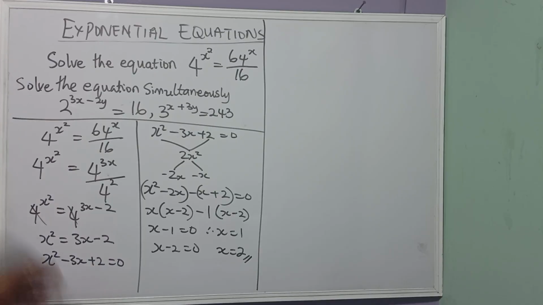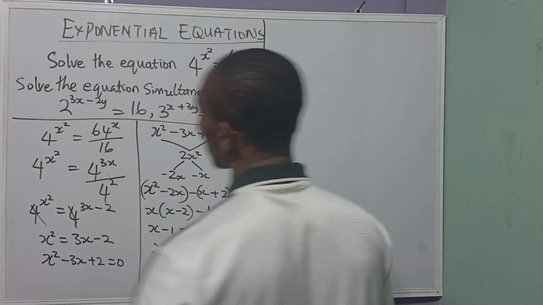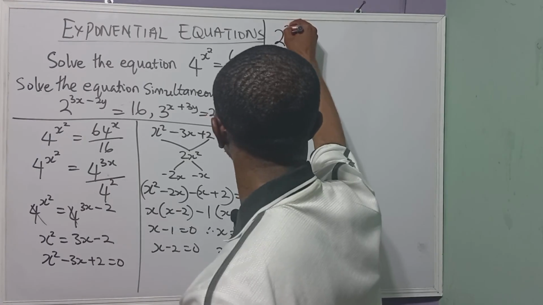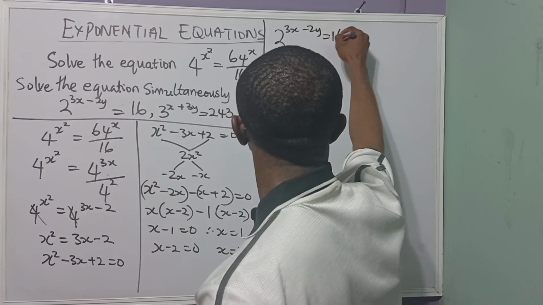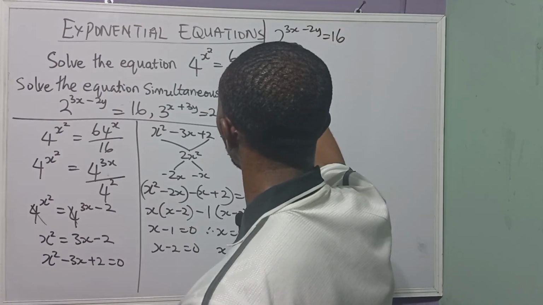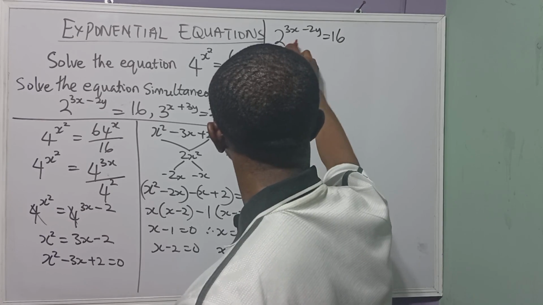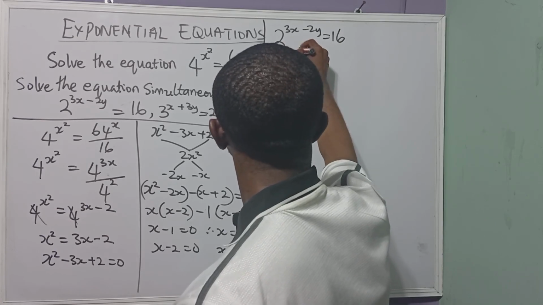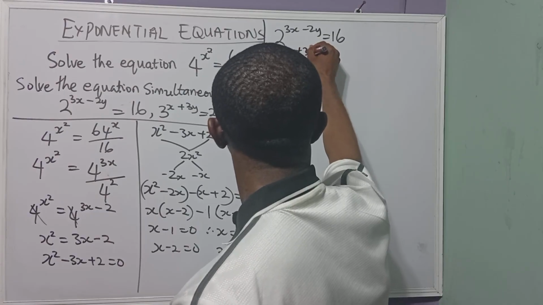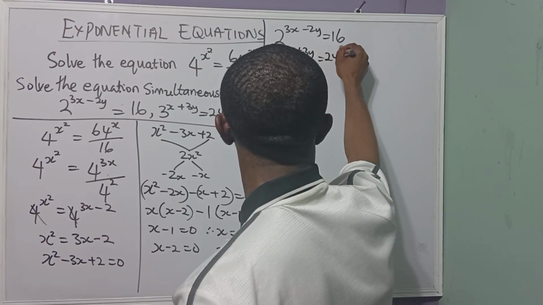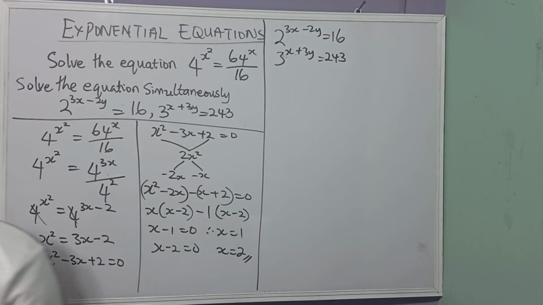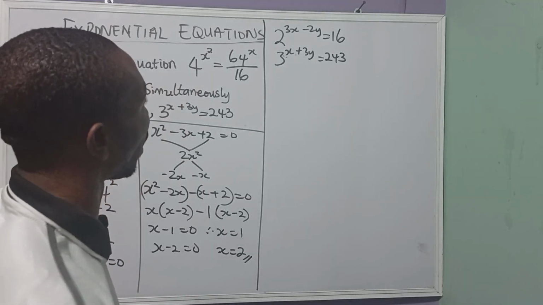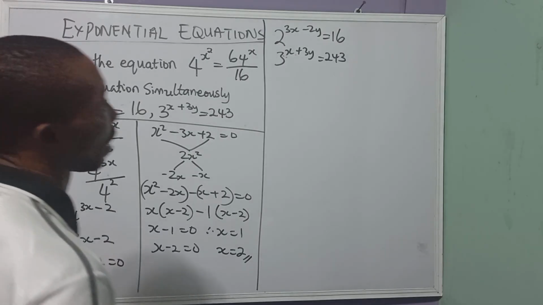It says, solve the equation simultaneously. We have 2 raised to power 3x minus 2y equals 16 and 3 raised to power x plus 3y equals 243. Now what we are going to do is break 243 down into powers of 3 and 16 into powers of 2.